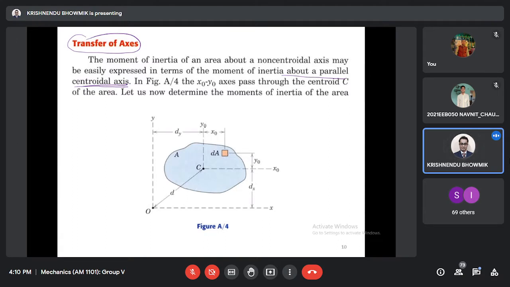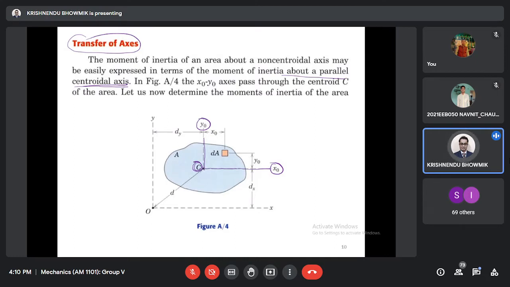I'll tell you. Initially I have centroid C, and this is x0 and this is y0. This is the centroid. Centroid is located here.